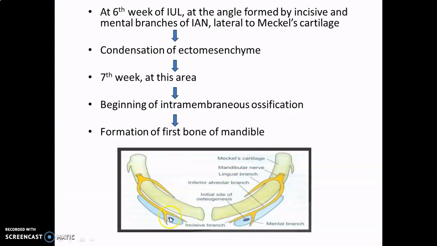So by the 6th week of intrauterine life, at the angle formed by the inferior alveolar nerve, there is condensation of mesenchyme of the mandibular arch. By the 7th week, at the area of condensed mesenchyme, there is the beginning of intramembranous ossification, and this is the site of initial ossification of the mandible.